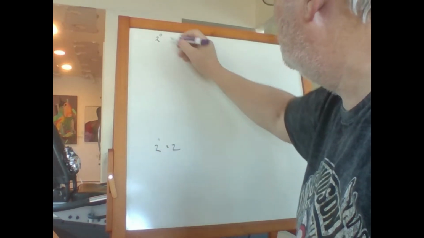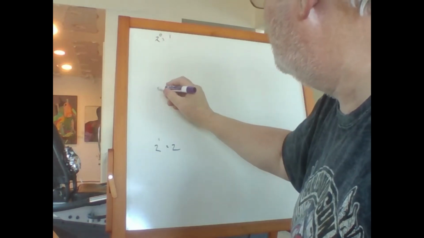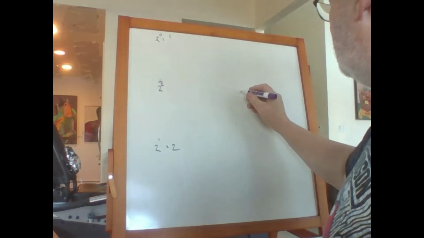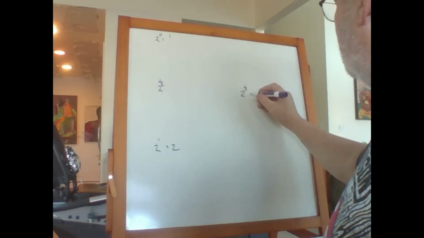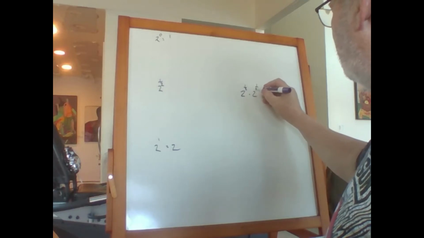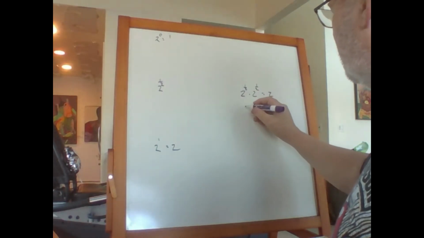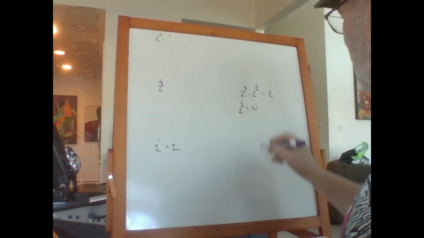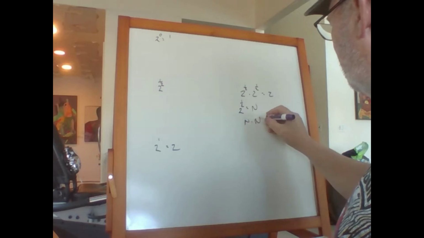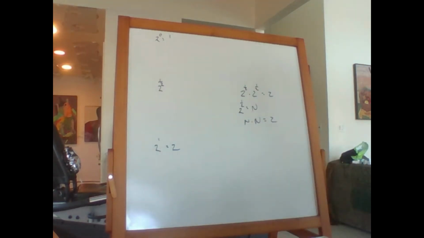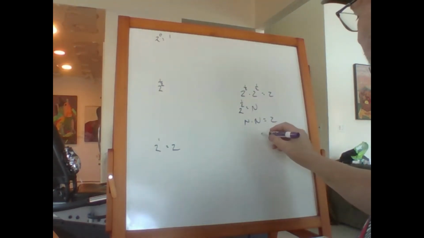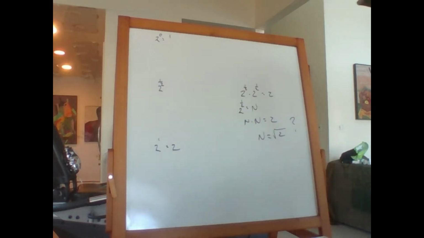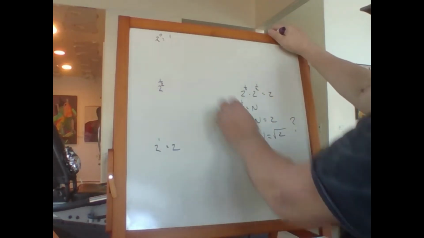We're looking for 2 to the 1/2 equals n, where n times n equals 2. And so what is that number n? Well, it's the square root of 2.